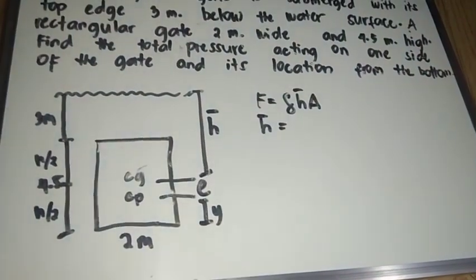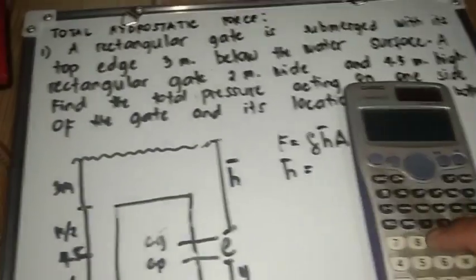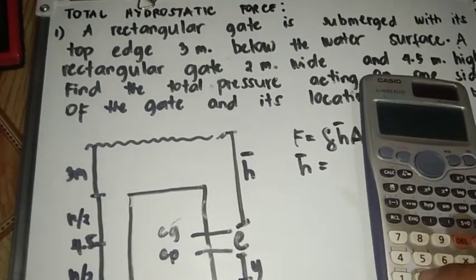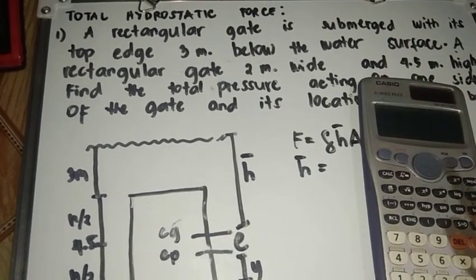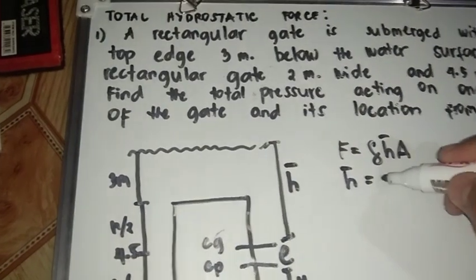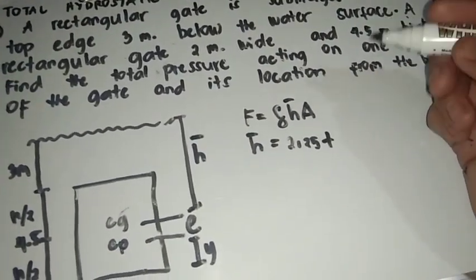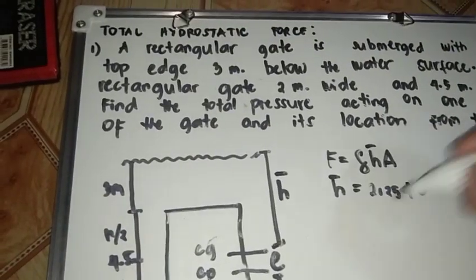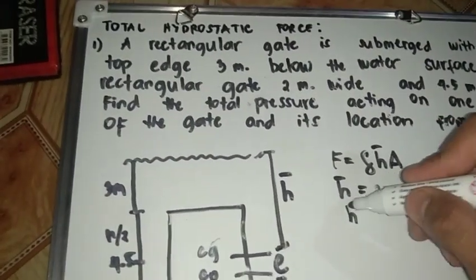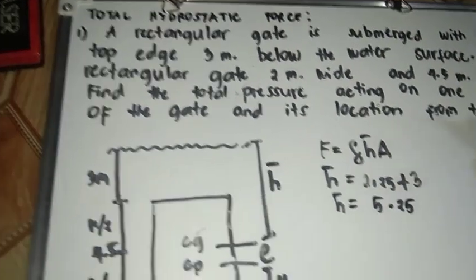So what is the half of 4.5? 4.5 divided by 2 is 2.25. So 2.25 plus 3 meters. So our bar H is 5.25.